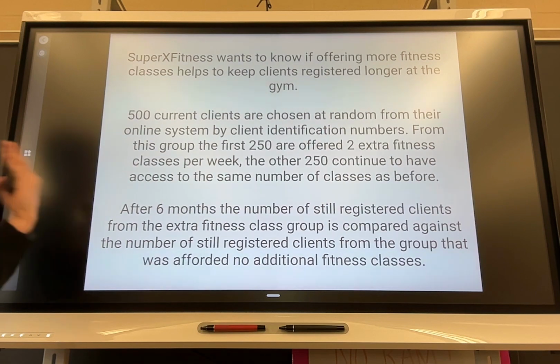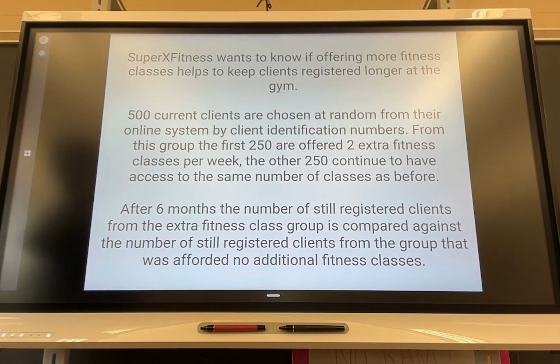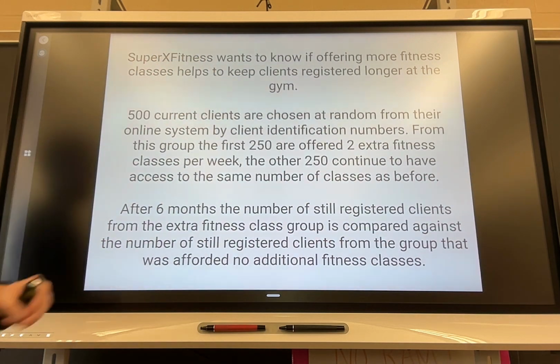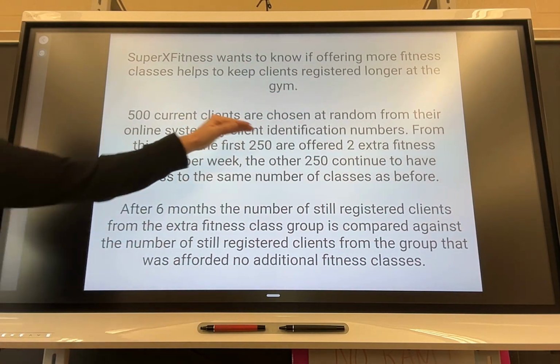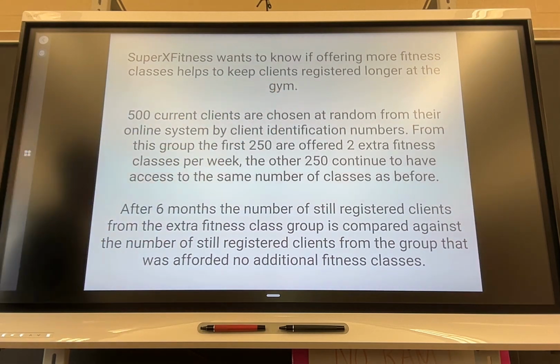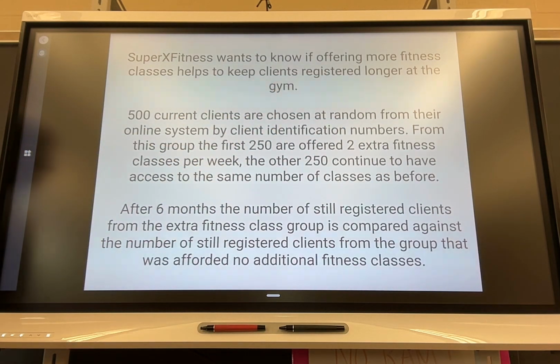So they didn't give their friends the 2 extra classes and the people they don't like no classes. They completely randomized it. However, they kept the groups the same. Each group has 250 people in there. So both of these should yield the same number of results.